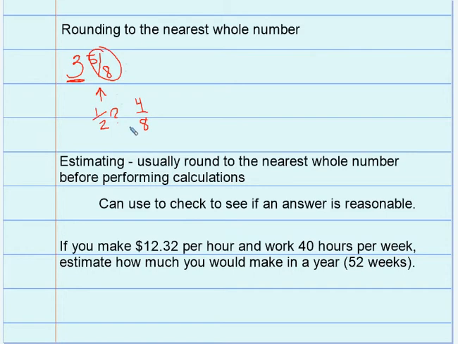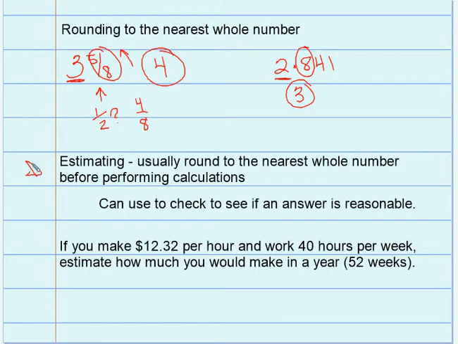And the 3 would be underlined. 5/8 is greater than a half, so we would round up and 3 would become 4, and that would be our answer. Same thing with decimals. If you have 2.841 and we want to round to the nearest whole number, we underline the 2, we circle the 8, and we decide 8 is a 5 or greater, so we would change that to a 3.